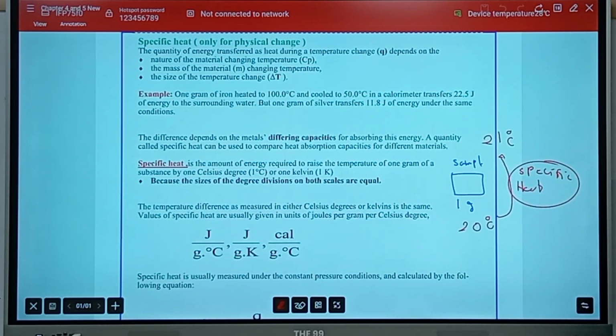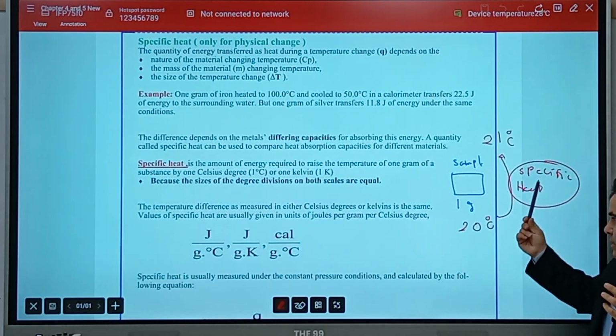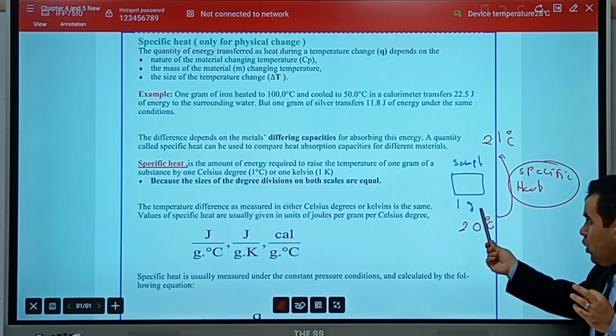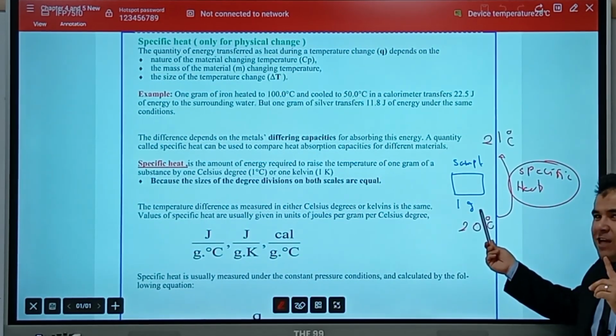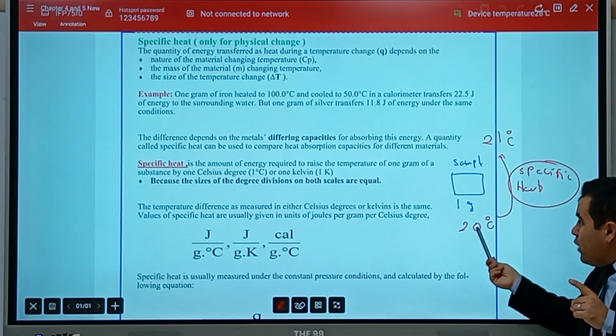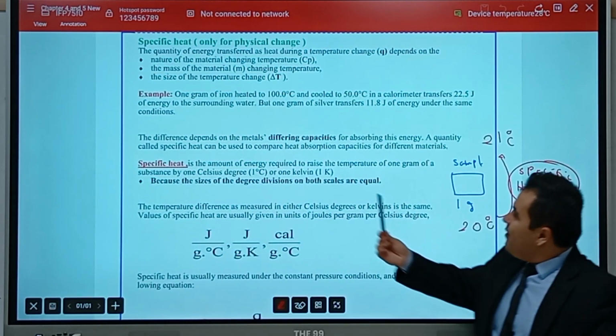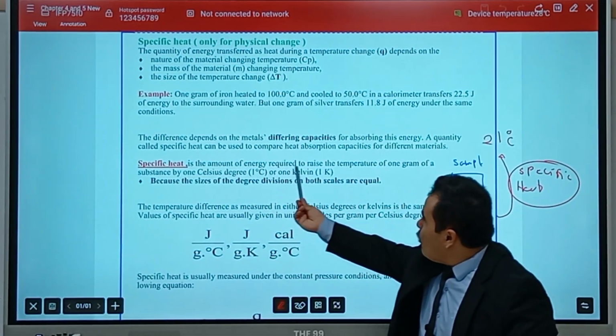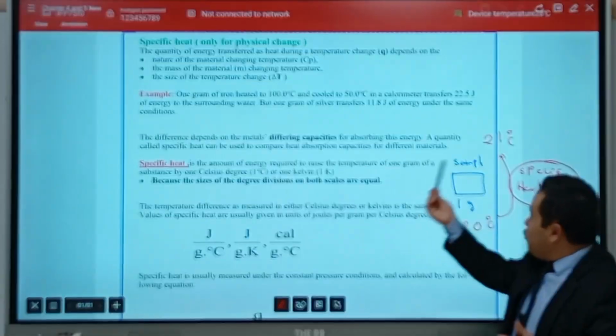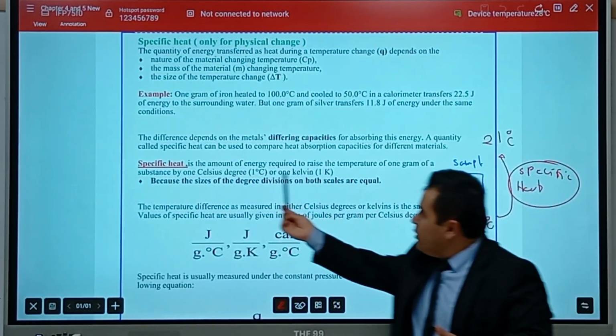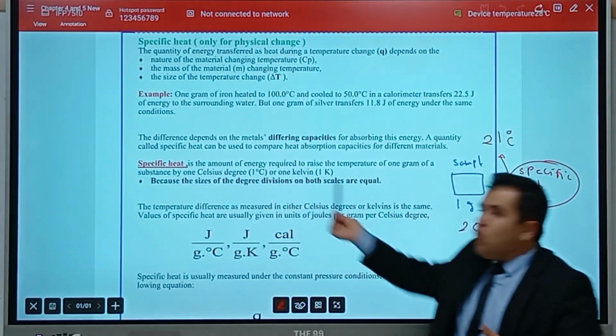So what's a specific heat? Specific heat is the amount of energy required to raise the temperature of 1 gram of a sample by 1 Celsius or 1 Kelvin.